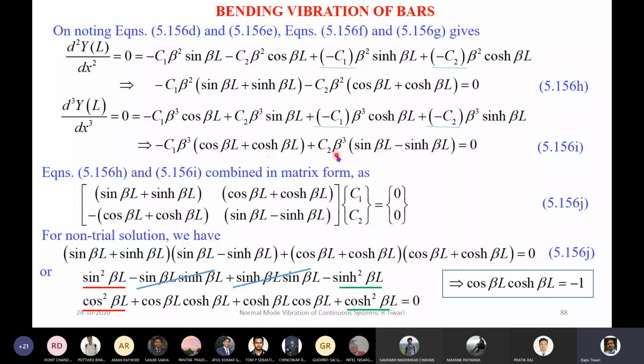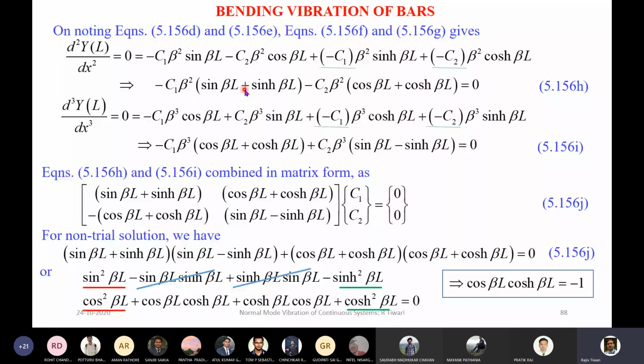So now we have two equations, one is this, another is this, which contain C1 and C2. These are homogeneous equations, so these two equations can be put in a matrix form like this. C1 and C2 is here. Now you can see that in the first equation, the coefficient of C1 is this minus this. Now beta square is common, so that can cancel.